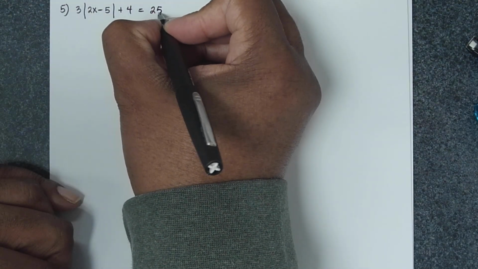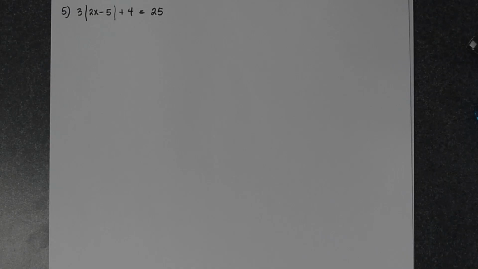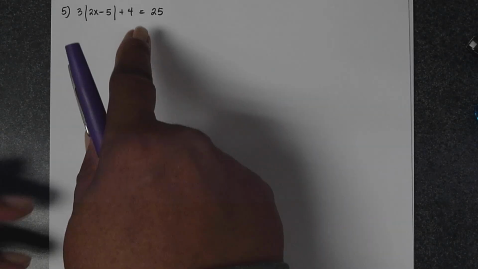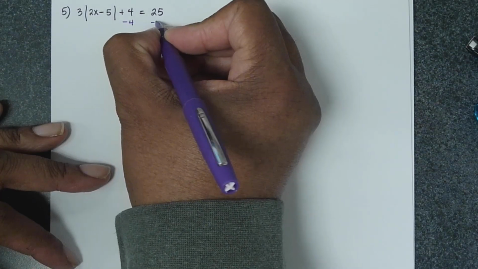equals 25. And then we want to get the absolute value of 2x minus 5 by itself first. So that means I need to move some terms that are on the outside of the absolute value symbol over to the other side. Starting with that plus 4, I need to subtract 4 on both sides.